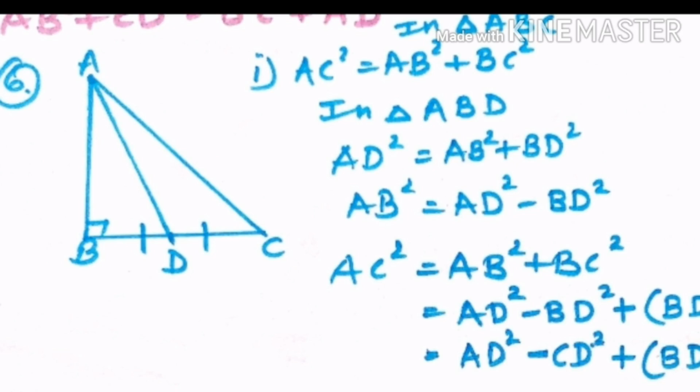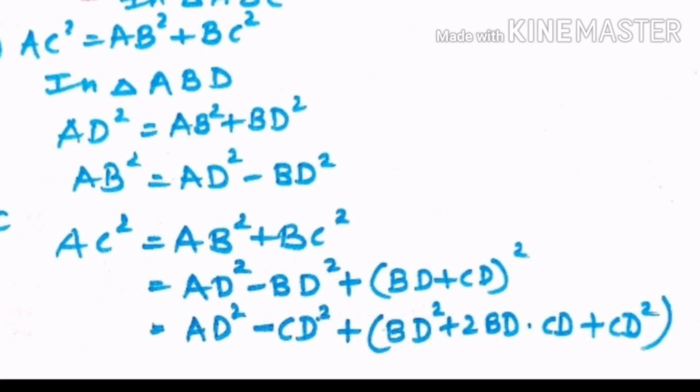So BD plus CD whole square, you will get. Now all the steps I will repeat here, as AC square is equal to AB square plus BC square. Substituting value of AB square as AD square minus BD square, plus instead of BC, BD plus CD. Why? Because it makes two equal parts, as D is the midpoint.